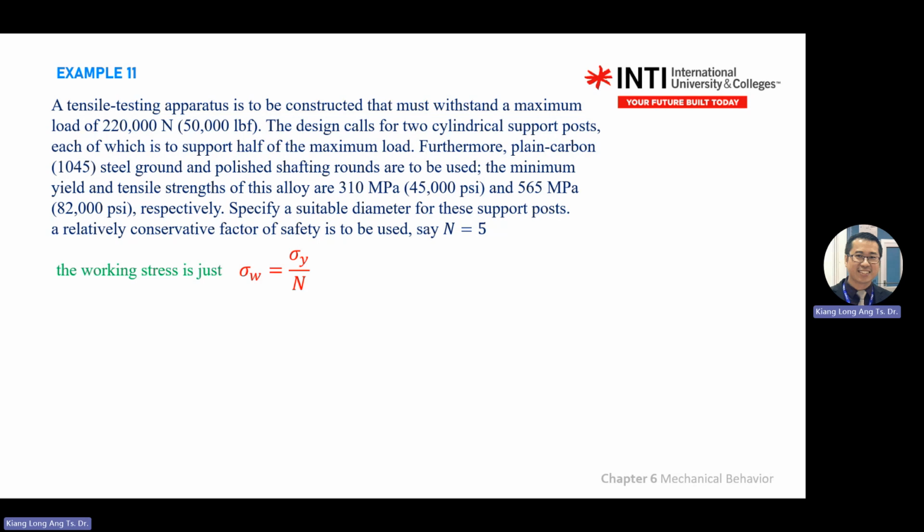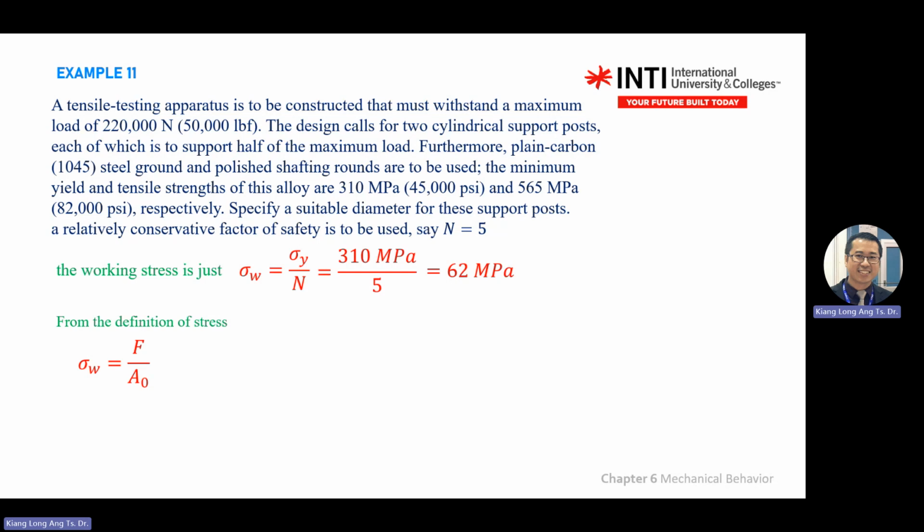Yield is the one where it will fail or start to show plasticity. So you take 310 divided by 5, which is 62 megapascal. So this is the working stress. This will be the maximum value in your design. From stress, you work back.